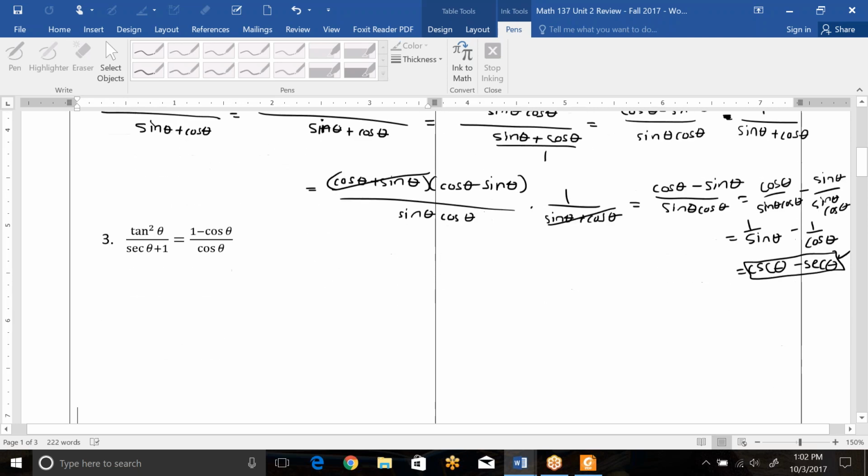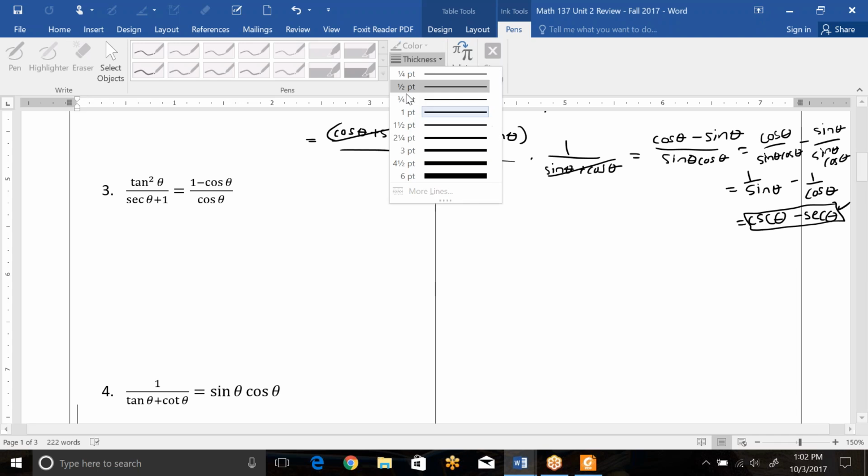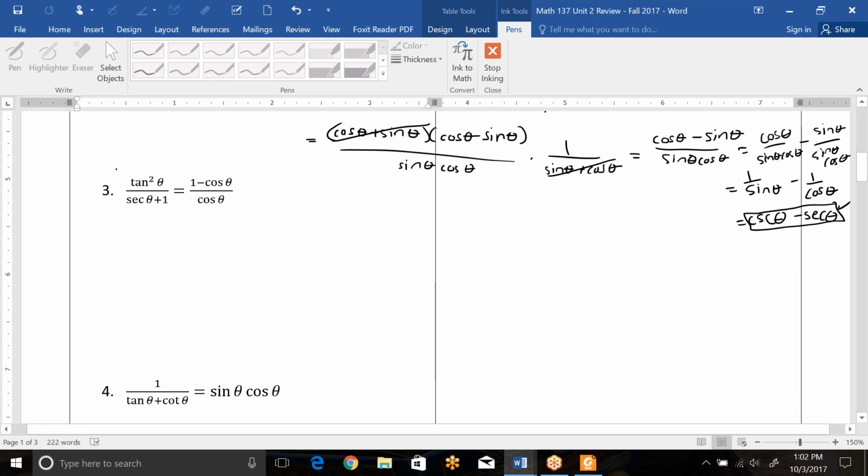Okay, let's talk about number 3. For number 3, I do see some possibilities for Pythagorean identities. It may not work, but let's talk through what we know and what we don't know. Because I have some tan squared and secant squared, I'm going to look at my Pythagorean identities. Remember, sine squared theta plus cosine squared theta equals 1.